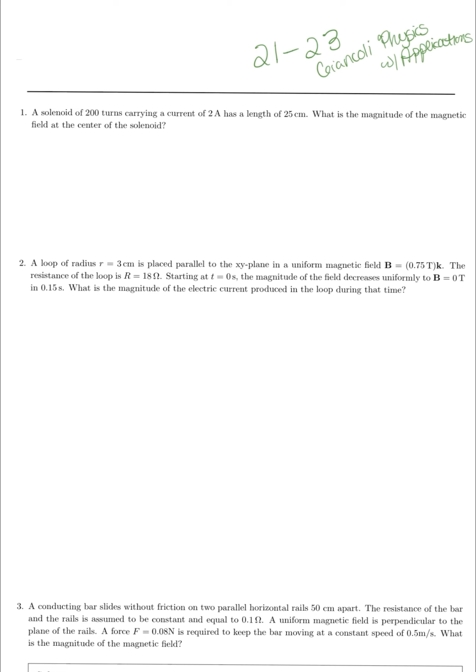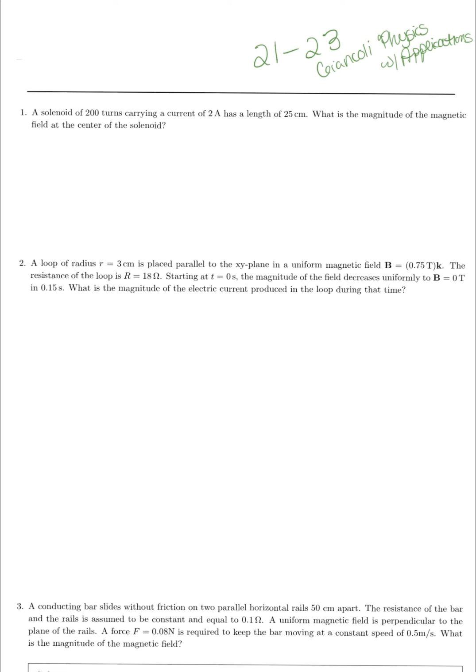For number 1, we have here that a solenoid of 200 turns carrying a current of 2 amps has a length of 25 centimeters. What is the magnitude of the magnetic field at the center of the solenoid? So I believe this was from chapter 21. And let's go ahead and highlight what we're given here.